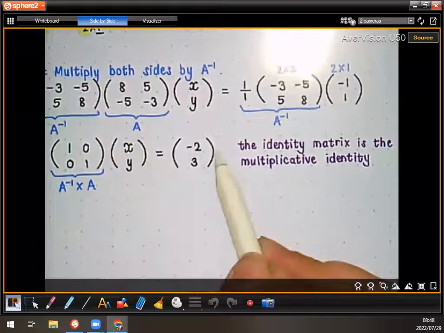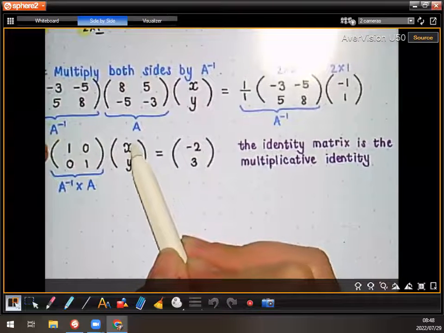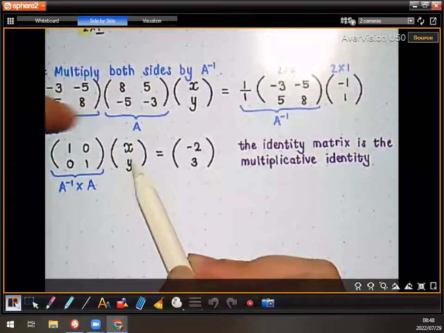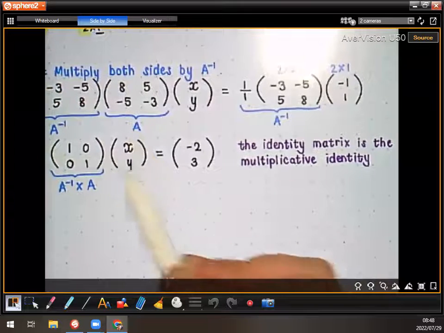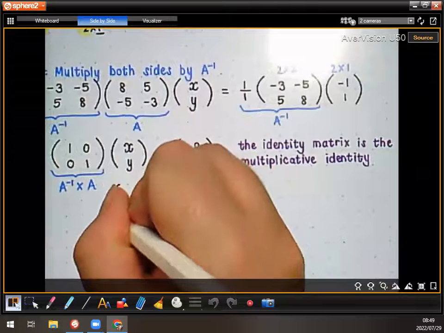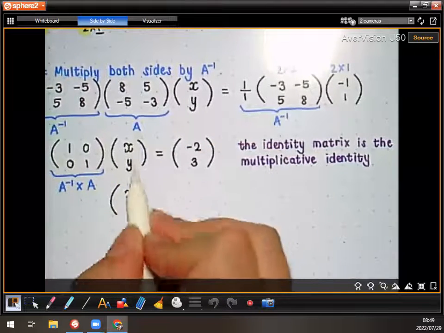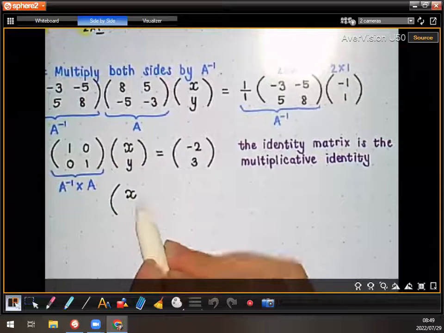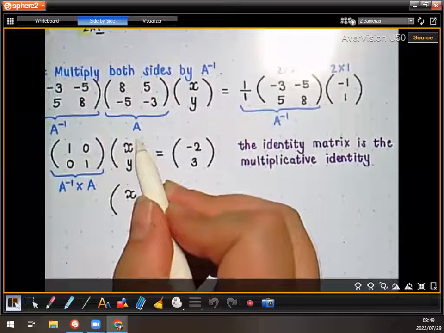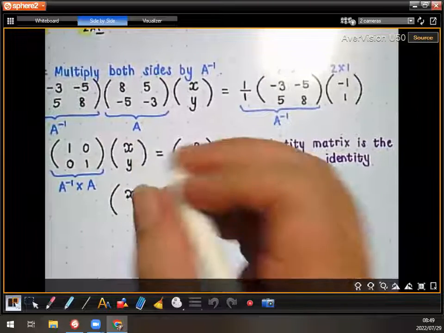If you multiply these two together, let's see, 1 times x is x, and 0 times y is 0. So what does that leave me with? What's x plus 0? Just x. So if I actually multiply these two matrices together, I'm going to get x. And what about second row first column? What's 0 times x? 0. And 1 times y is y.